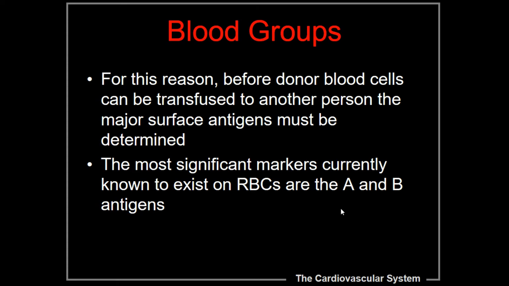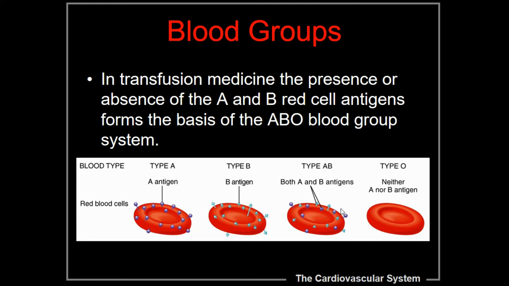The most significant markers currently known to exist on the red blood cells are the A and B antigens. In transfusion medicine, the presence or absence of A and B red blood cell antigens forms the basis of the ABO blood group system. So if you are type A, then your red blood cells will have A antigen markers.